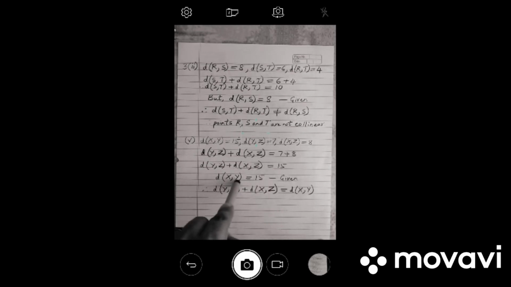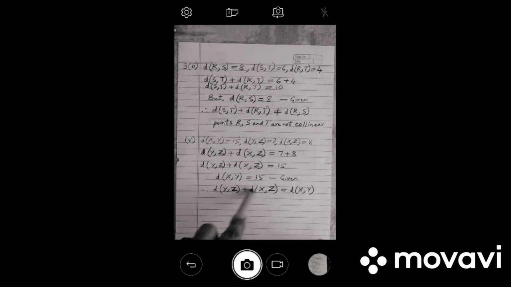Therefore distance XY is equal to 15, which is already given. So we can say distance YZ plus distance XZ is equal to distance XY. So in this case points are collinear. So we can say points X, Y and Z are collinear.